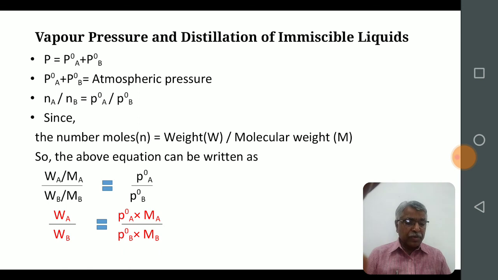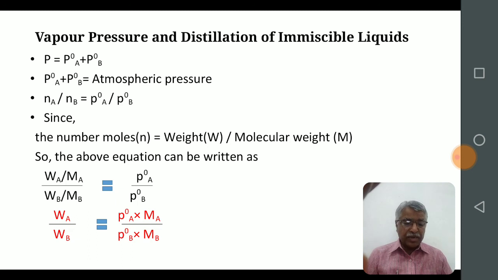Hence, the total vapor pressure above the mixture containing two immiscible liquids in any proportion will be the sum of the vapor pressures of the pure liquids at that temperature. Hence, P is equal to P naught A plus P naught B, where P naught A and P naught B are the vapor pressures of the pure liquids A and B respectively.